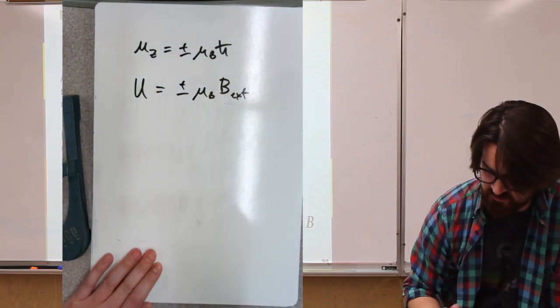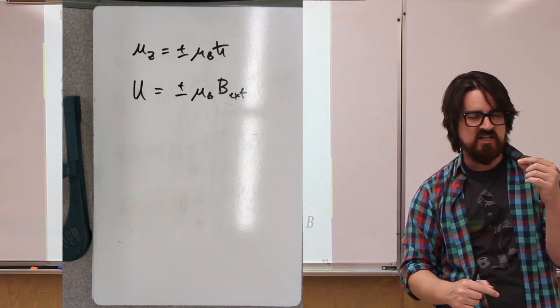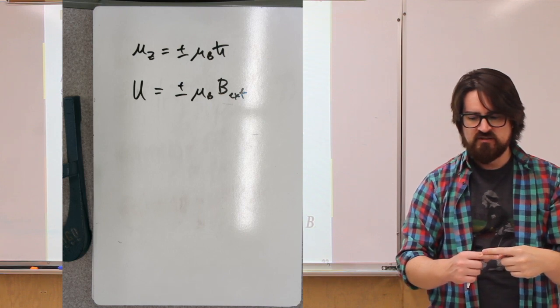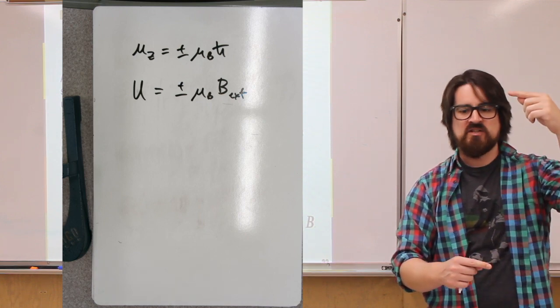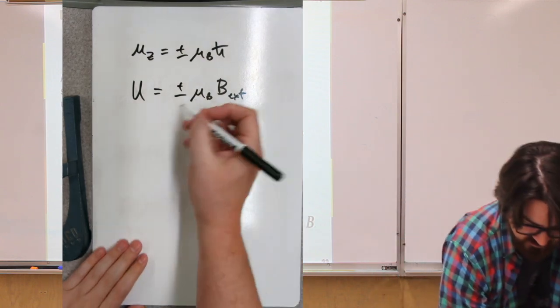If those are the two possible potential energy states, making a transition from one to the other is going to be the energy difference between those two states, right? So it's twice this value.